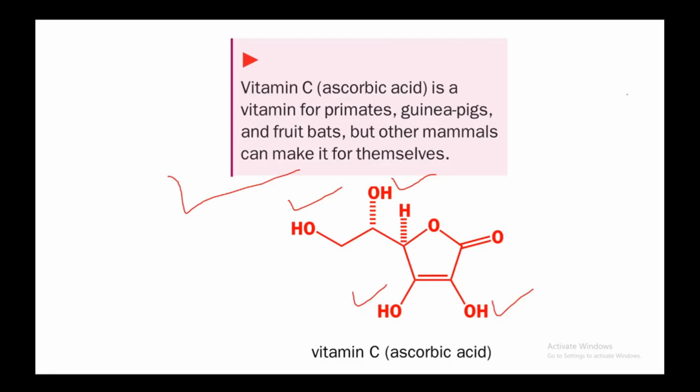Vitamin C, ascorbic acid, is a vitamin for primates, guinea pigs and fruit bats, but other mammals can make it for themselves. This is the structure of vitamin C, also called ascorbic acid.